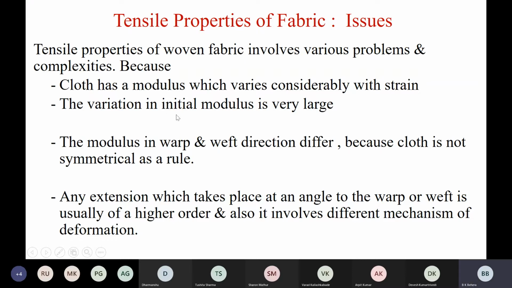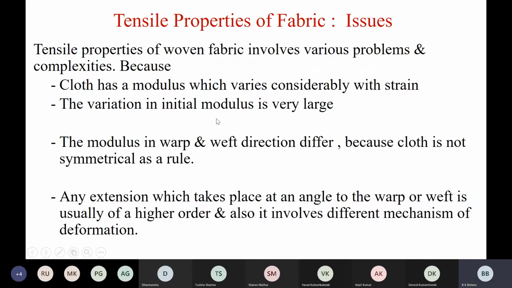Second point, the variation in initial modulus is very large. You will realize this when, after 2-3 slides, I discuss the load elongation characteristic curve of a fabric. Initial modulus means, as I told you last class, modulus means resistance to deformation. So initial modulus means initial resistance to deformation.